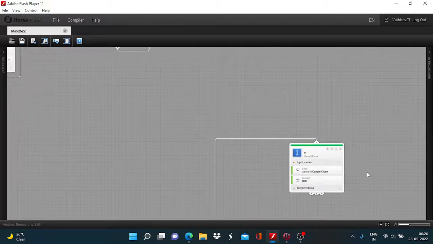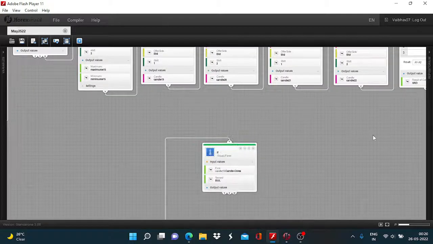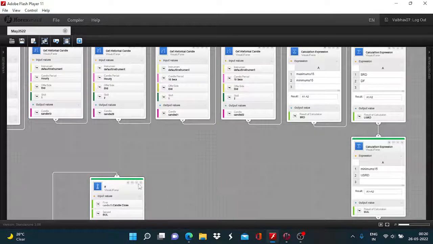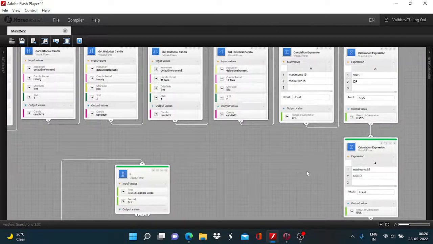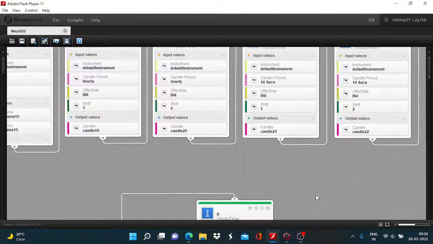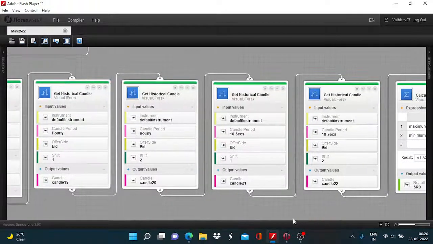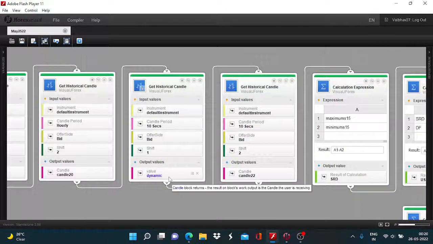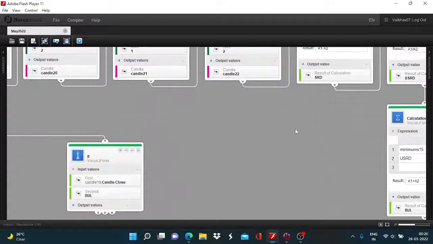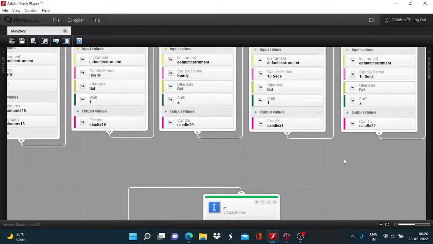Now the execution will happen as and when the prices start to rise above the last hour's closing value. So for that we need to compare the closing values of candle 21st and candle 22nd with the closing value of candle 19.